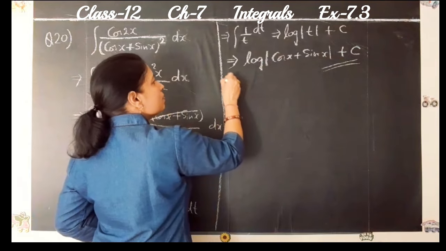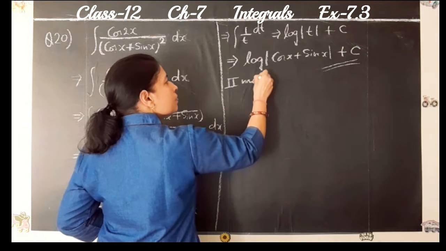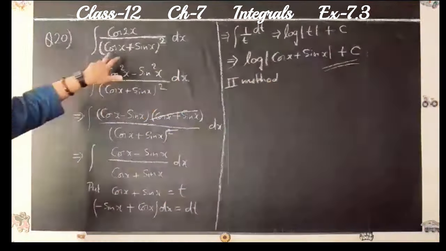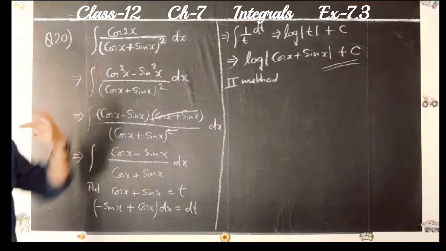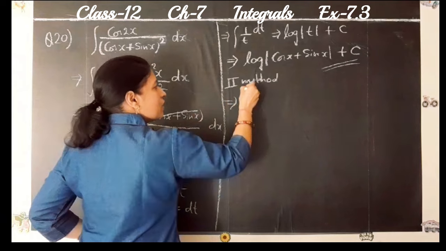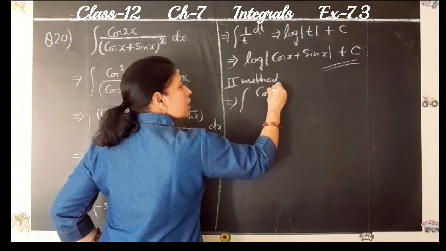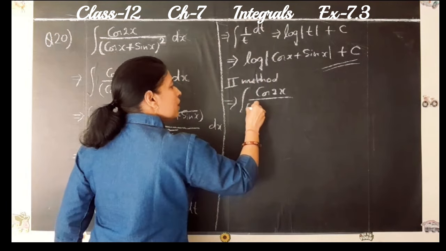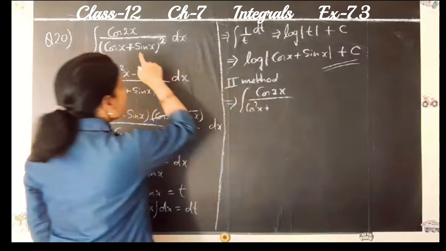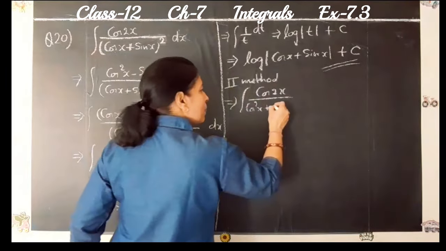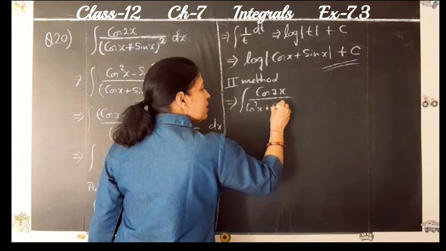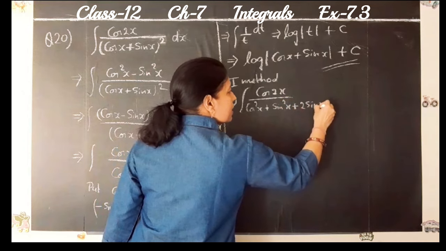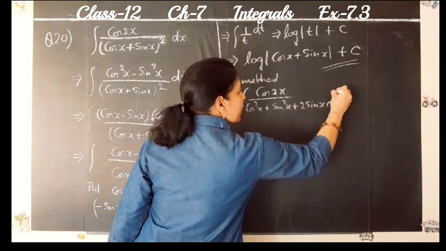So by the second method, here it is given cos x plus sin x whole square. So square it. Write cos 2x as it is. And square this one. So it will be cos square x plus sin square x plus 2 sin x into cos x, dx.